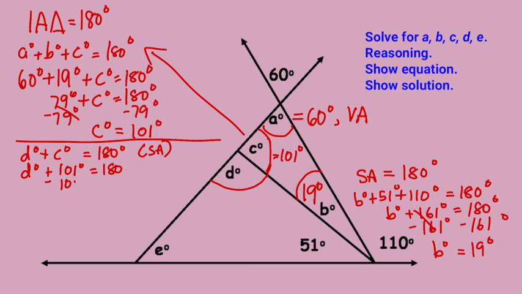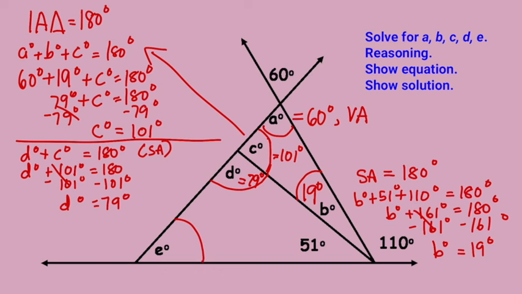Minus 101 on both sides. So that means D is equal to 79 degrees. Did you get it?